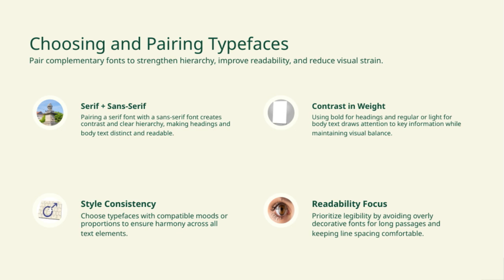I suggest choosing typefaces with compatible moods or proportions so that all your text elements feel harmonious and unified across your presentation. Contrast in weight is another important aspect. Using bold for headings helps them stand out, while keeping body text in regular or light weights creates a visual balance.